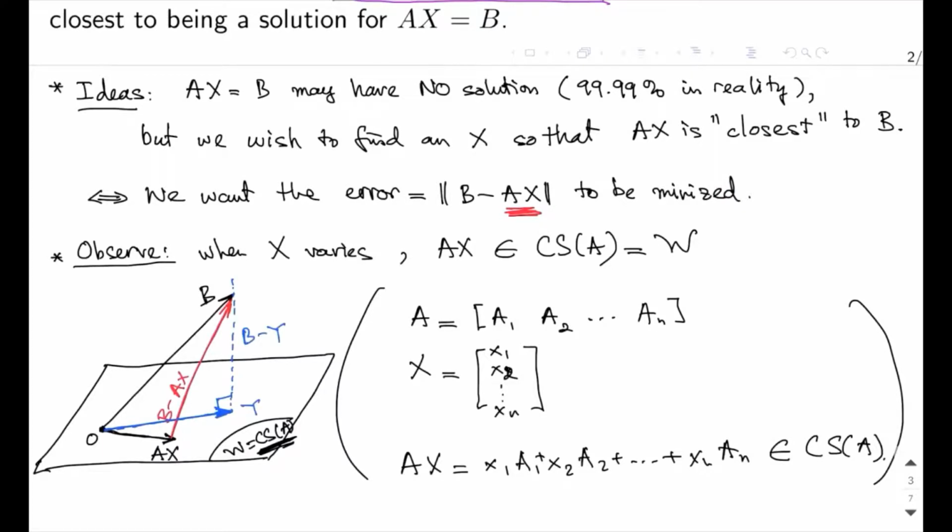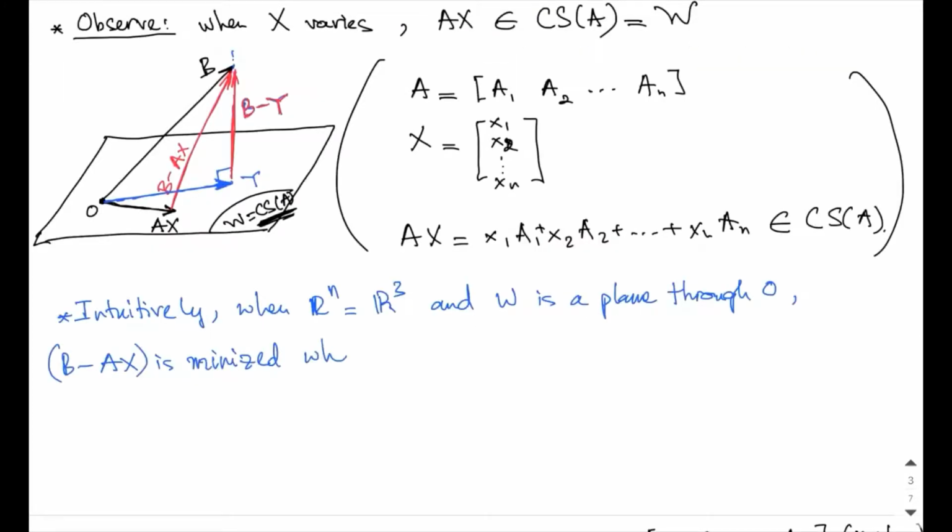Right? So if you want this red one to be smallest, it has to be this part. When Ax equals y equals the projection of b onto W, which is the column space of A. And this is also true in higher dimensions, right?